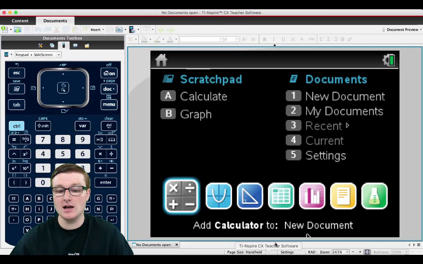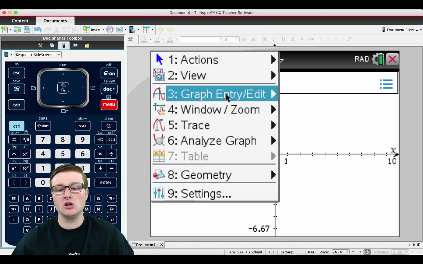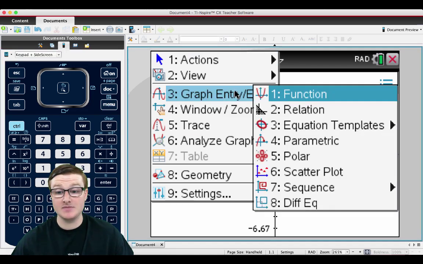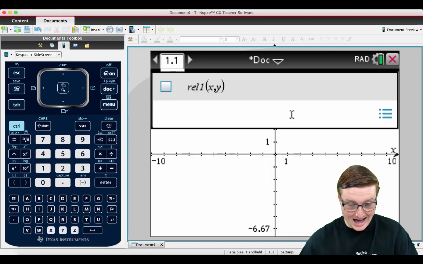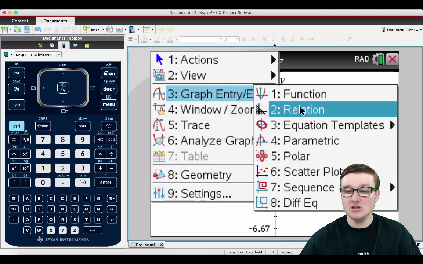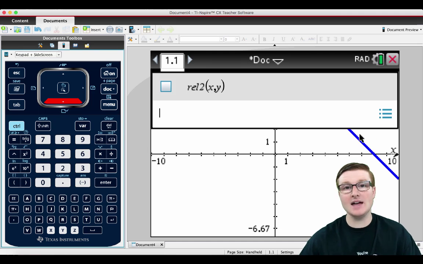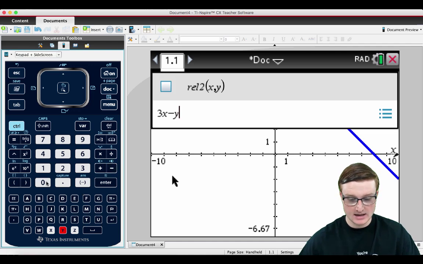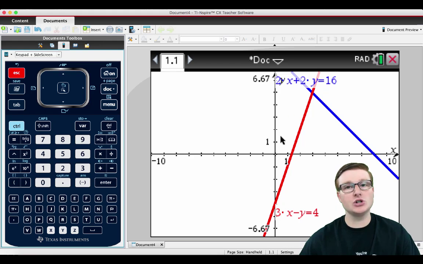So if I go to my graphing calculator, go to Menu, then Graph Entry Edit, and click on relation, you could type in 2x plus 2y is equal to 16. Graph it. That is the line over there. Now, you can graph 3x minus y is equal to 4. Enter. Okay, so just by looking at it, those are your system of equations.